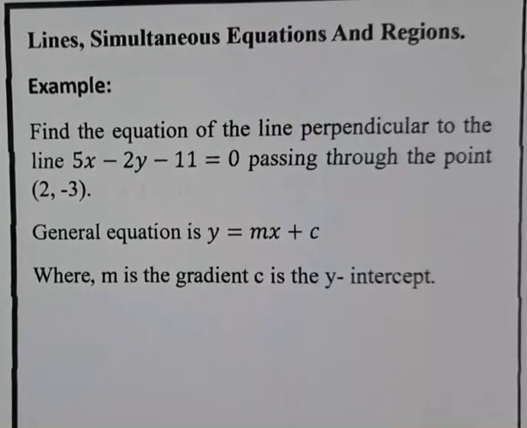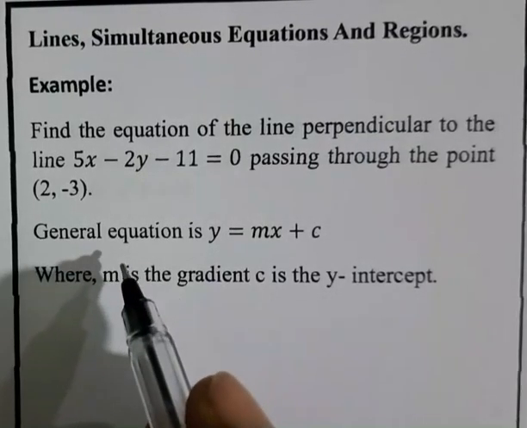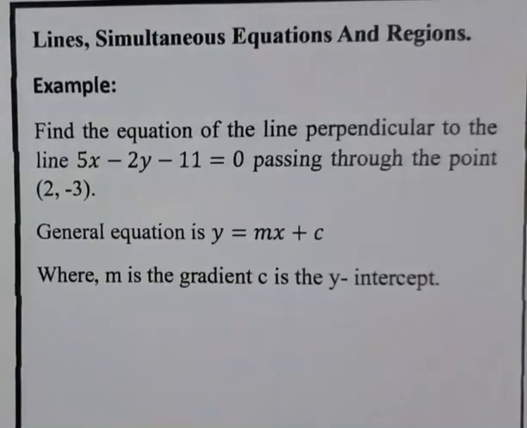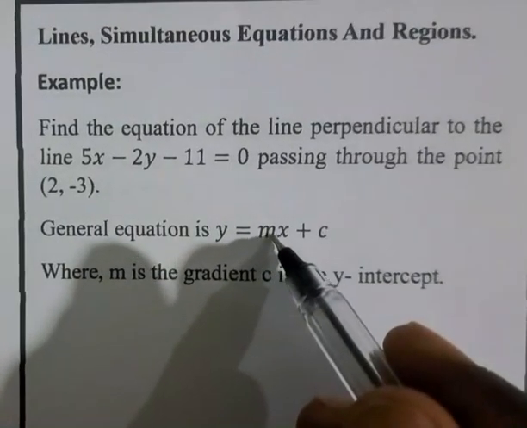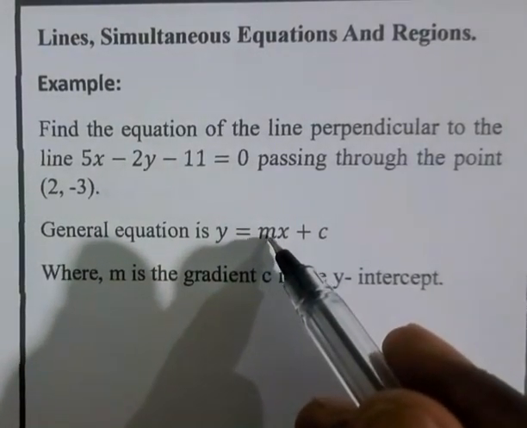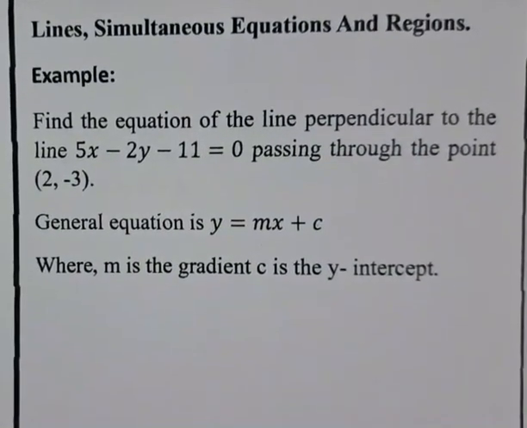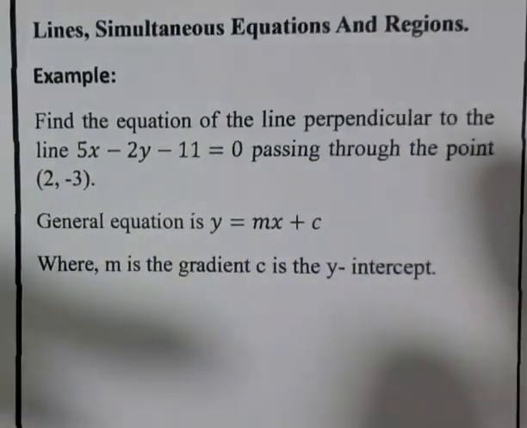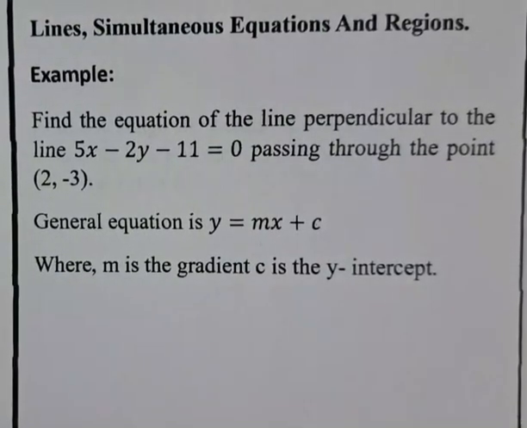Before we begin, I want to let you know that the equation of a line has a general formula, which is the one I've just written here: y is equal to mx plus c. I remember doing a video on the equation of a line where we said m is simply the common difference in the y-axis, and c stands for the constant.